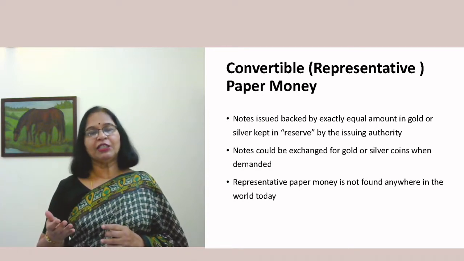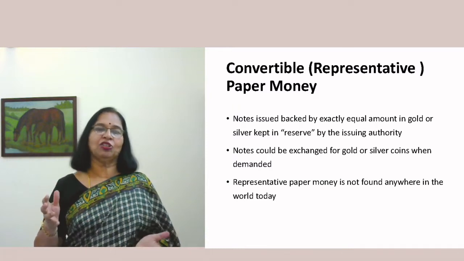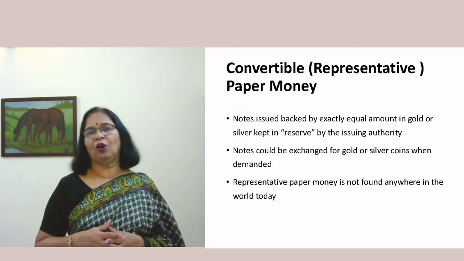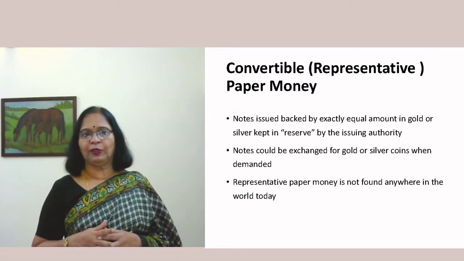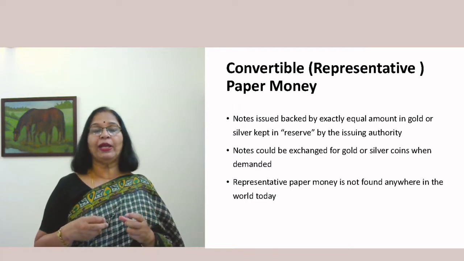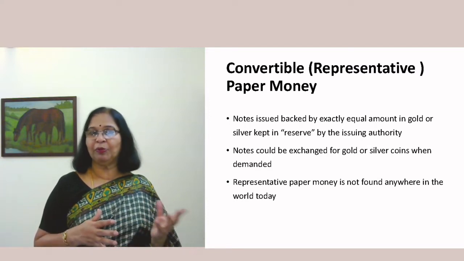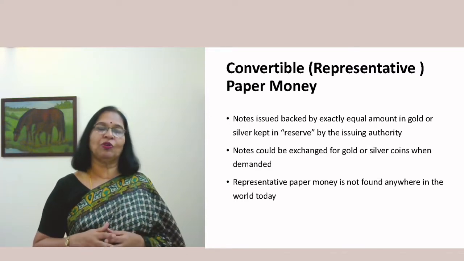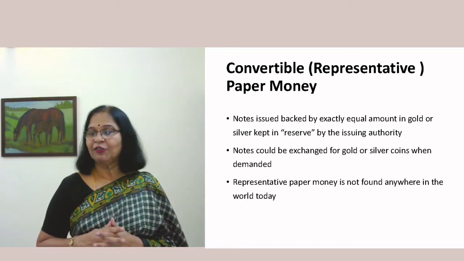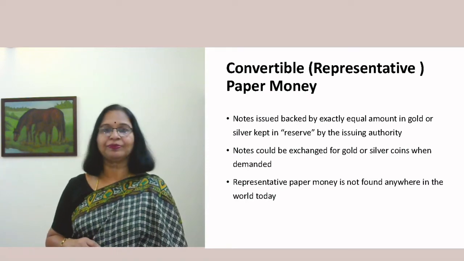A representation of the gold was put into circulation to overcome the difficulties encountered in using gold, and the currency notes could be exchanged for gold from the government mint. That we saw under the gold standard. The previous video explained this process of exchanging currency for gold. Now, representative paper money is found nowhere in the world today. It's a part of history.